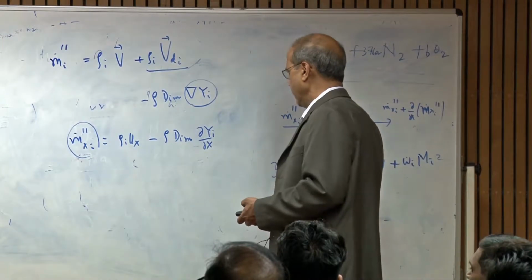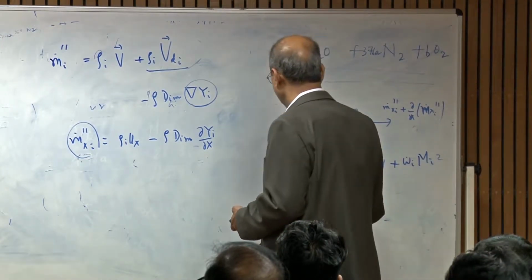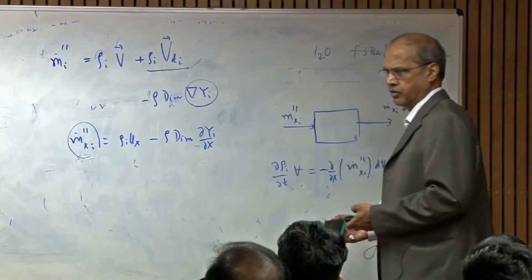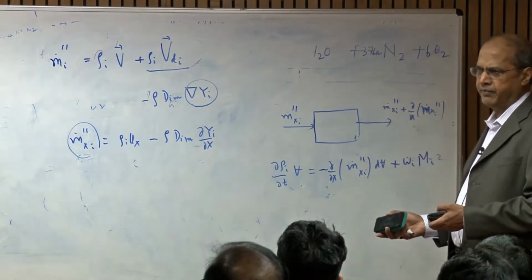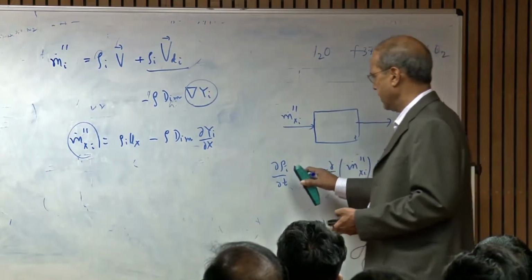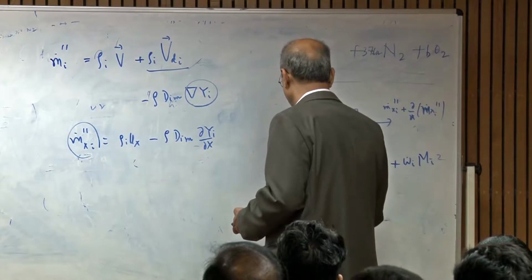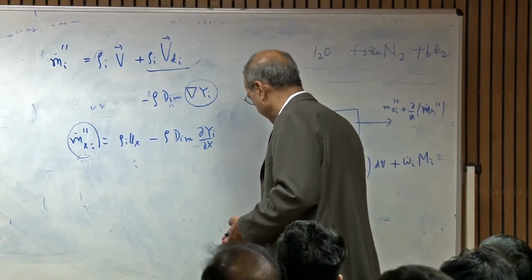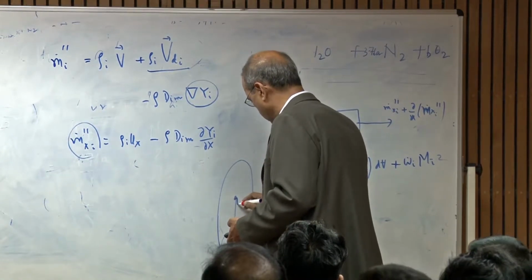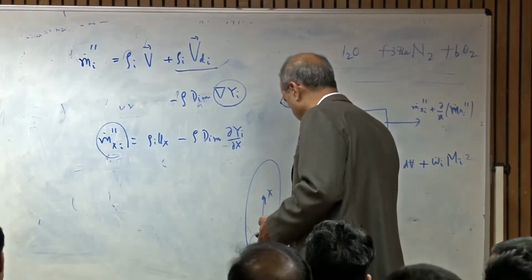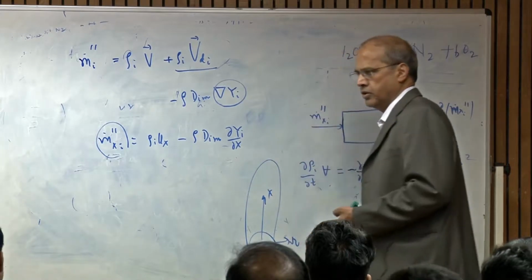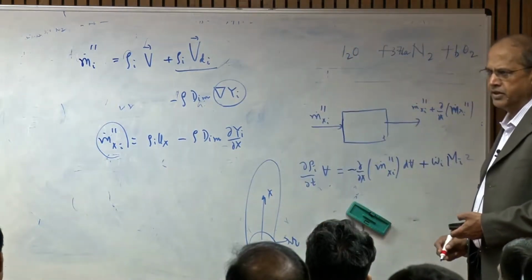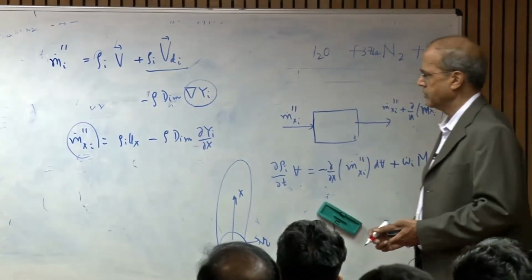And then you can write this in the one-dimensional form, or for example, let's say if you have axisymmetric flow. Like if you have a jet flame, then you have z and r coordinates. So if you have a jet flame, let's call this x and this is r. So then you write 2-dimensional equations, right? Axisymmetric 2-dimensional.